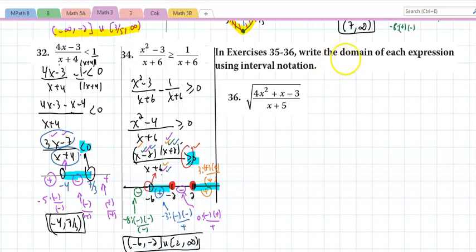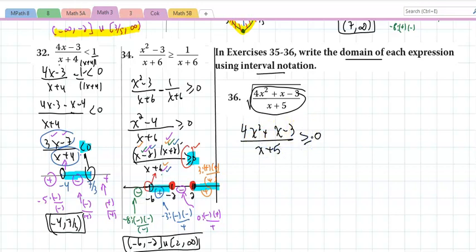And the last problem says, find the domain. Well, for the domain you take the radicand, the quantity that's underneath the radical, and you set it to be greater than or equal to 0, right? Positive or 0.